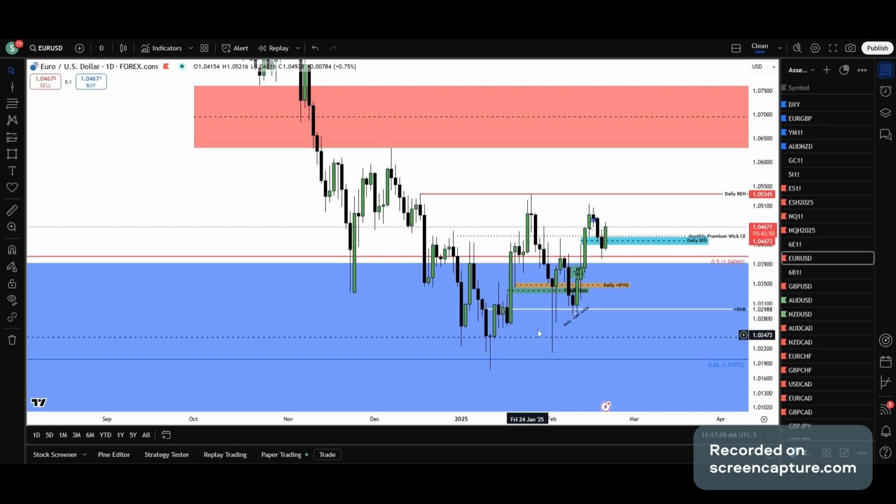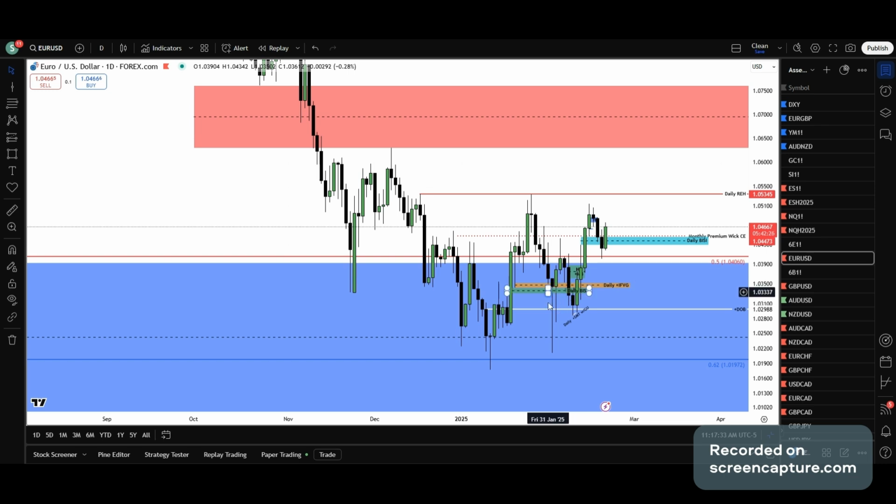Initially, we got a positive response from these daily key levels: this daily BSC and this daily inverted fair value gap, which is kind of hard to see here, but it's the space between these two candles. We can see where the bodies respected these key levels.